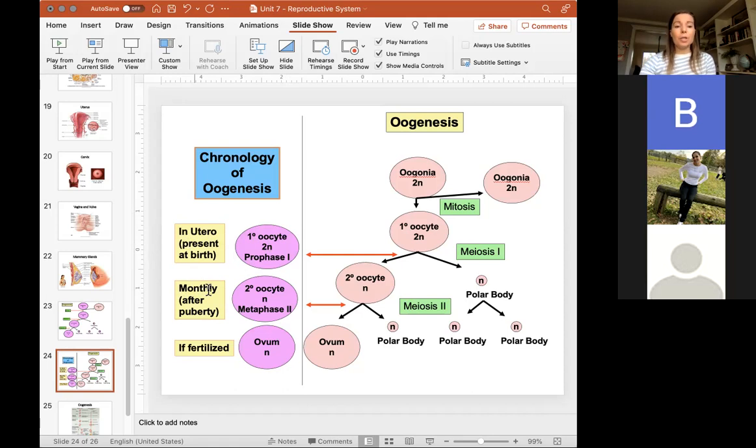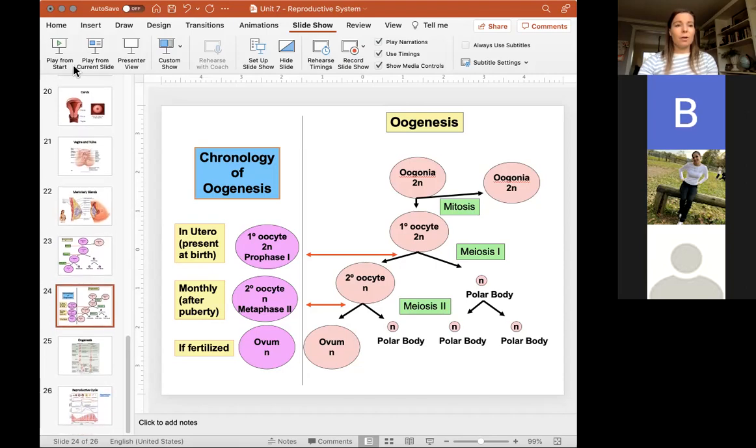And then at puberty, these will develop into secondary oocytes. Meiosis 1 completes, you have secondary oocytes. And then only if you have fertilization will you end up getting to this last division where you produce an ovum and another polar body.